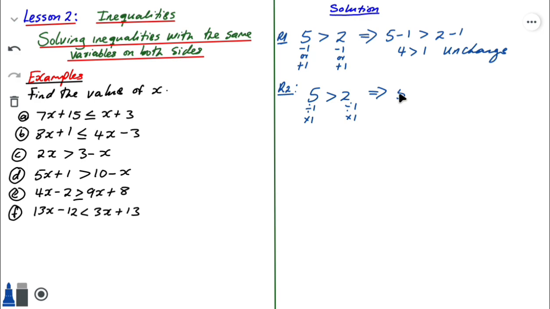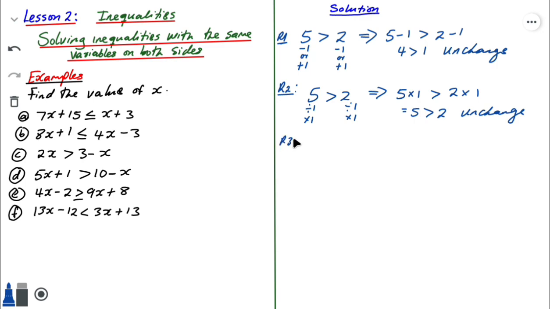That is, I'm going to have 5 multiplied by 1 greater than 2 multiplied by 1, a positive number, and this is going to give me 5 greater than 2. The sign remains unchanged.